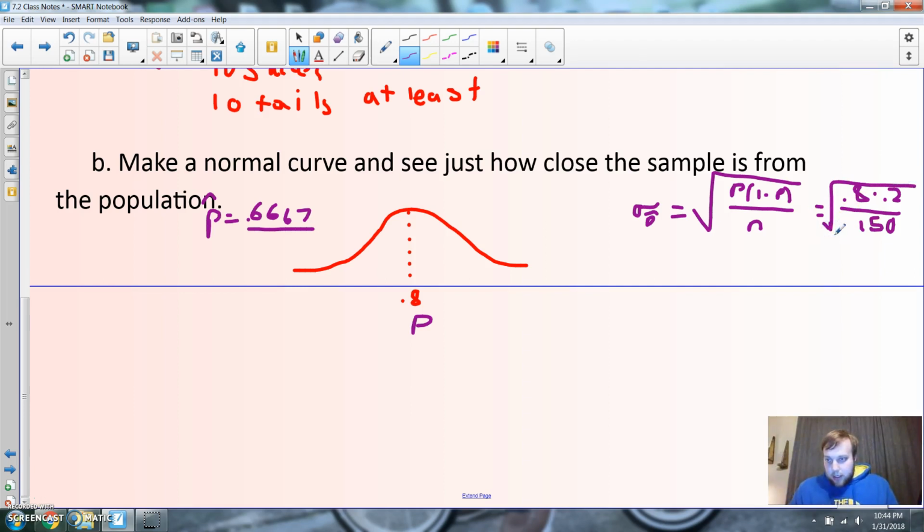Divided by 150, and take the square root of that. Alright, so my standard deviation for my curve, how much wiggle do I have if I sample 150? It's actually 0.032.